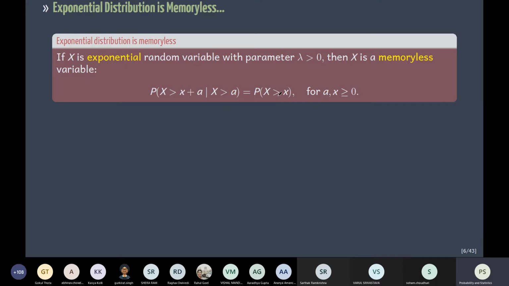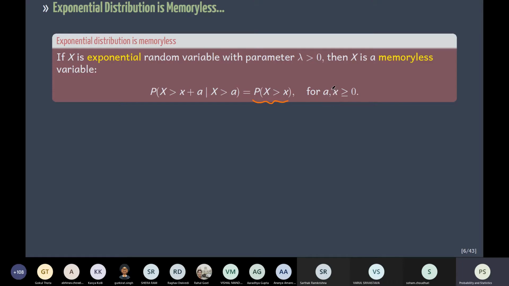Okay, so this is the memoryless property if this holds. So probability that, given that X greater than a has happened, what is the probability that X greater than x plus a? Okay, so this remains the probability that X greater than x.